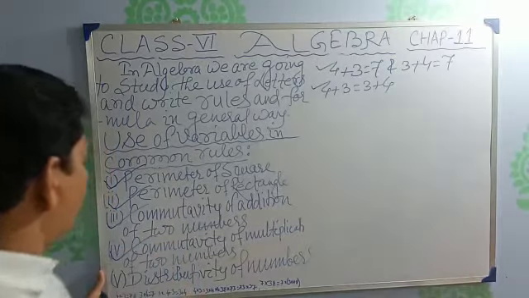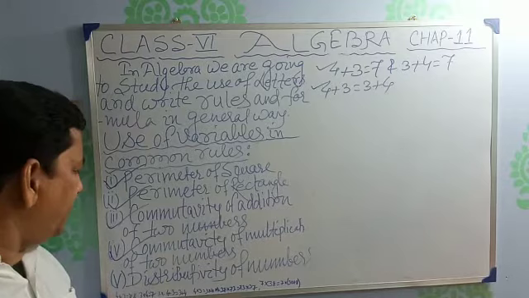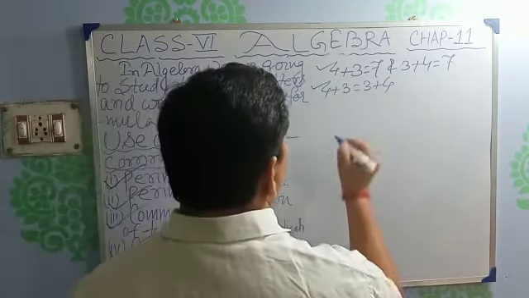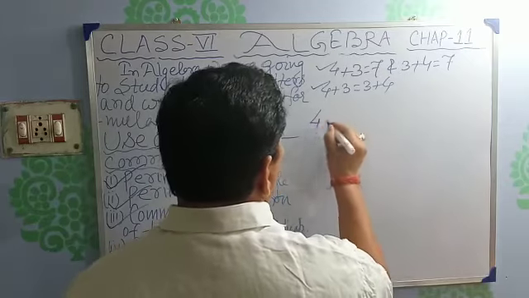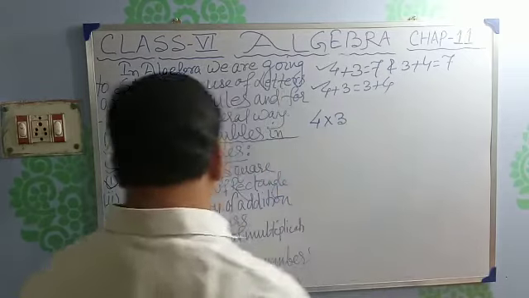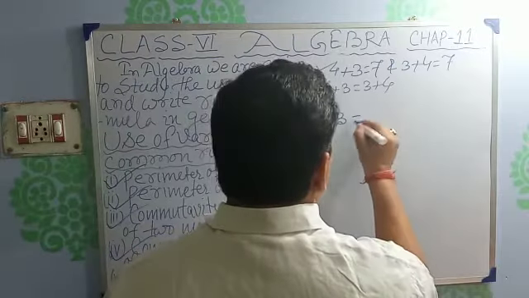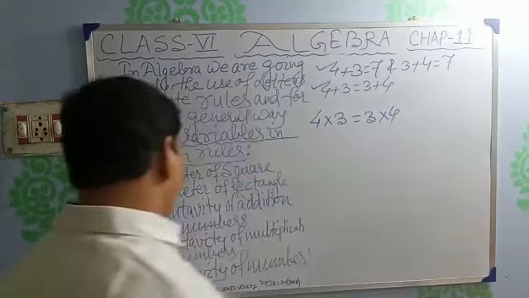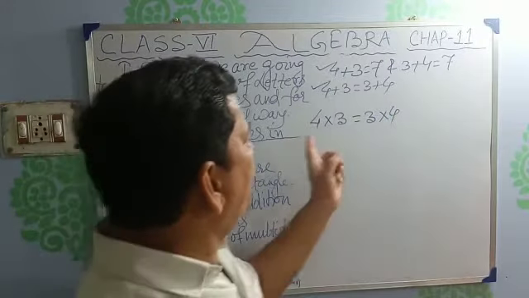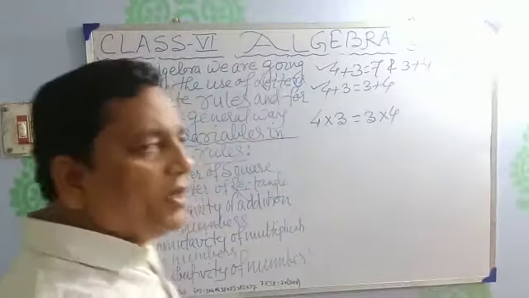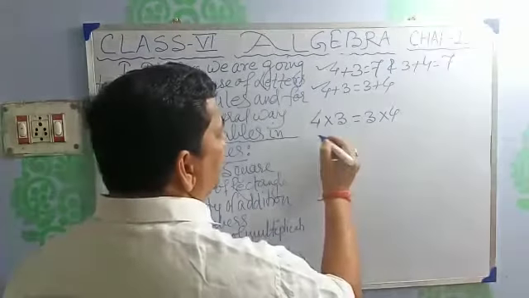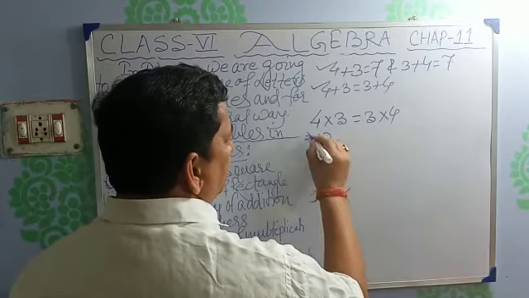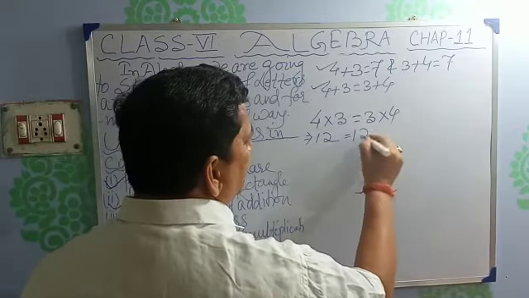Now we will discuss commutativity of multiplication of two numbers. You take, for example, 4 into 3 equal to 3 into 4. So 4 into 3 equal to 12 and 3 into 4 equal to 12.